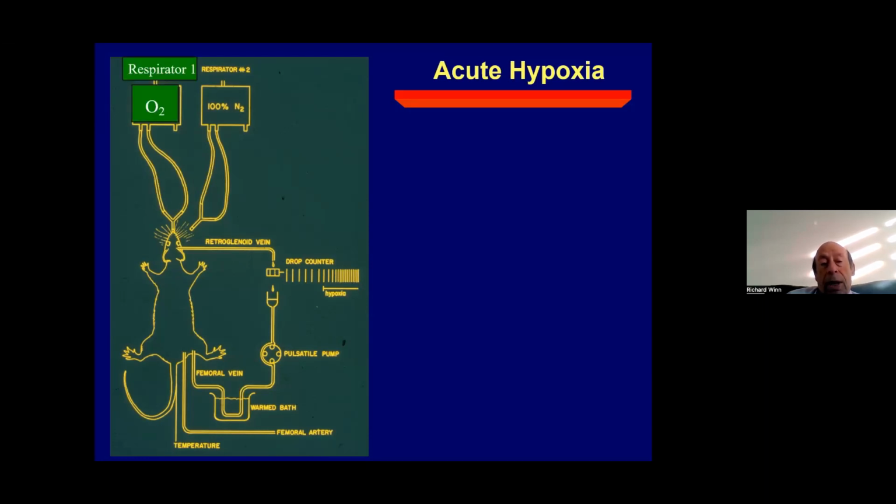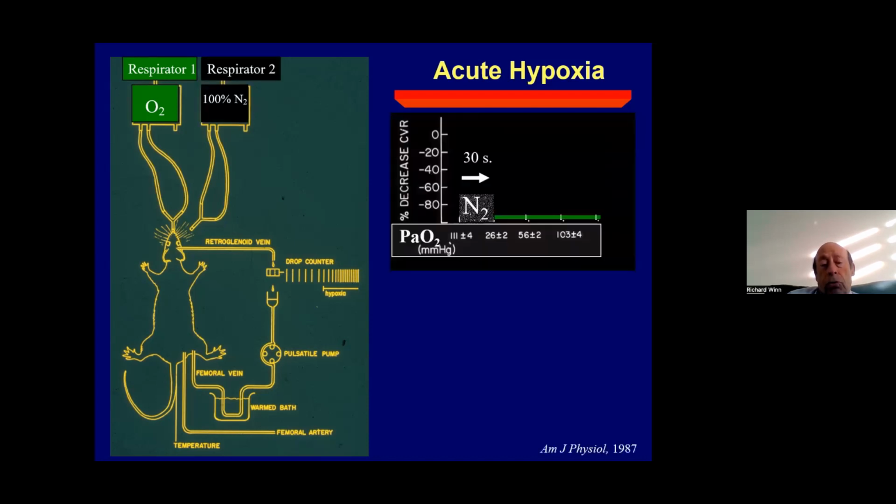One respirator, high oxygen, the other with 100% nitrogen. The rat respiratory rate is about 180. It's very high. The heart rate's about 360 to 450. So you can rapidly alter brain PO2 by having them breathe 100% nitrogen.